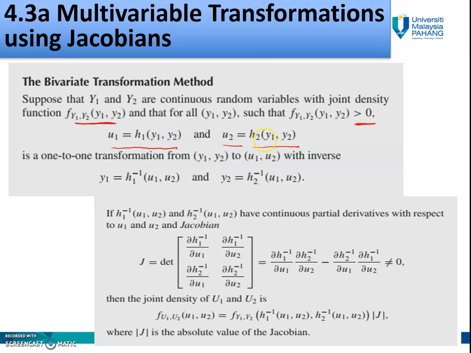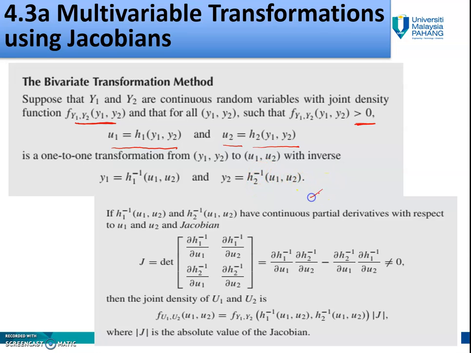With these two functions you have two random variables, so it's a one-to-one transformation from y1, y2 to u1, u2. Then the inverse gives y1 equal to h inverse 1 of u1, u2 and y2 equal to h inverse 2 of u1, u2.